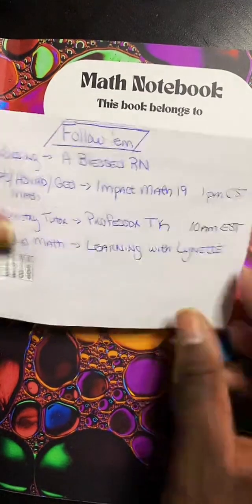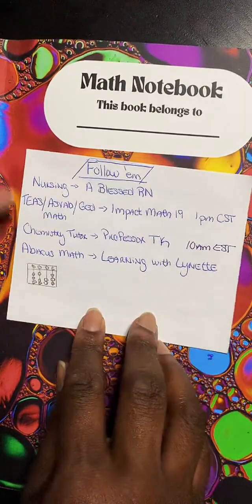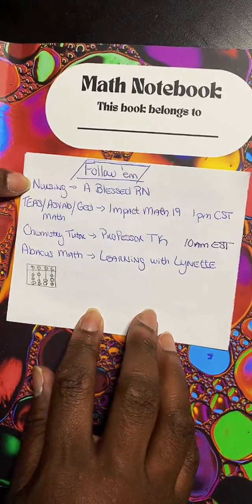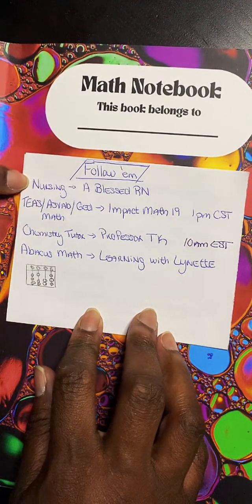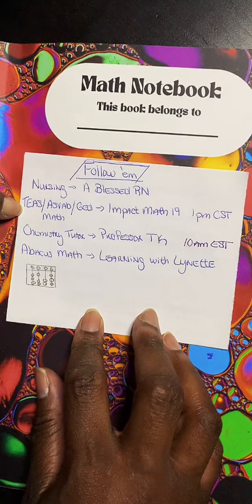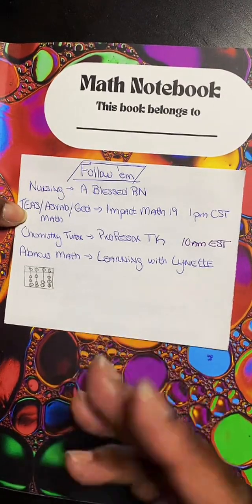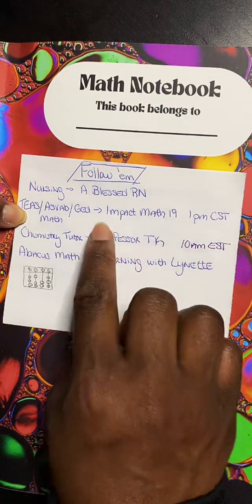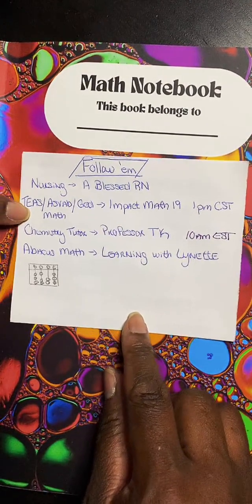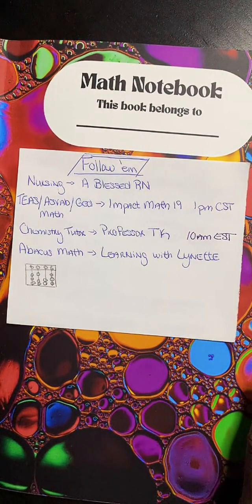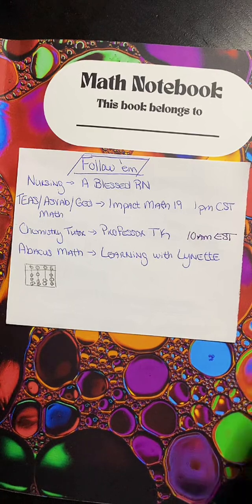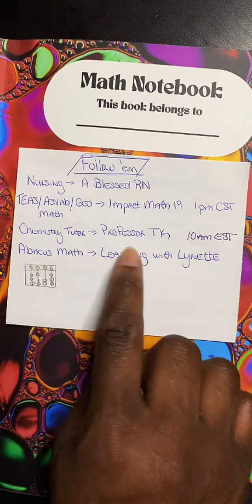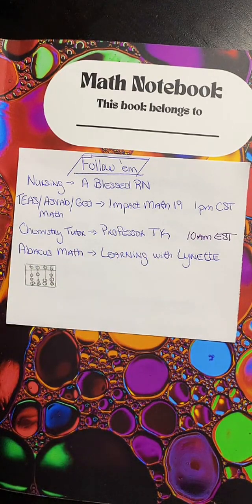And then here are a couple of people that, if you are thinking about going into nursing and you need someone to help you with your dosage calculation, go follow a blessed RN. She's amazing with it. If you need someone else to help you with TEAS, ASVAB, GED, even Accuplacer, you can follow my friend at Impact Math 19. She usually goes live Monday through Thursday at 1 p.m. Central Time, which is 2 p.m. Eastern. And if you're looking for a chemistry tutor, Professor TK is really good.